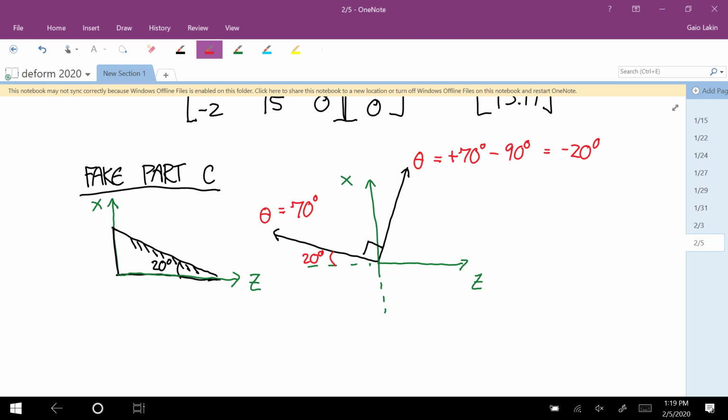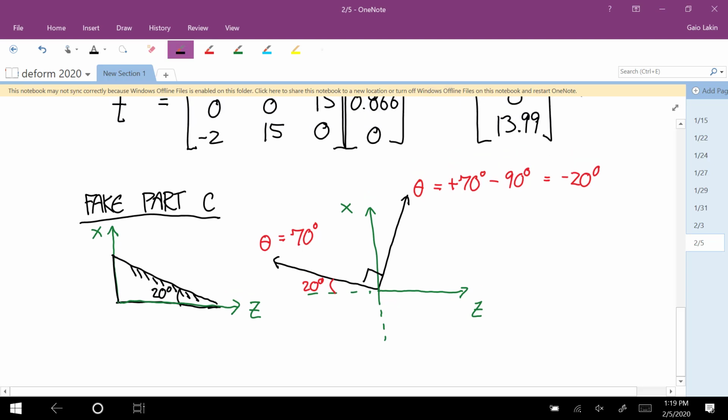You can get an x component of cosine of 20 and a z component of sine of 20. So this outward facing unit normal is 0.940, 0, negative 0.342. That's just doing the trigonometry of that triangle. And that should be the z.